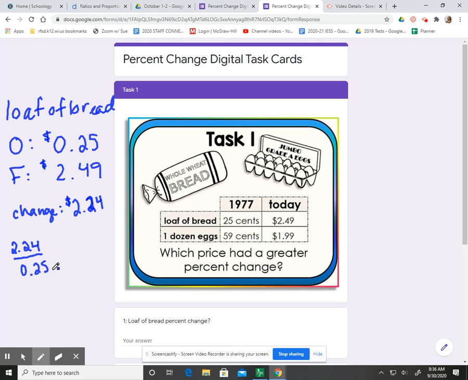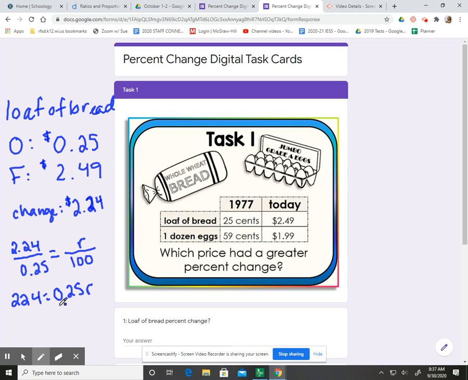Now, to find my percent change, I do my change, 2.24, over my original, 0.25. What we talked about in class is writing a percent as a fraction or ratio. We always write percents with a denominator of 100. That's just the easiest form. So we can do cross products: 2.24 times 100, which is 224, equals the cross product 0.25 times r.